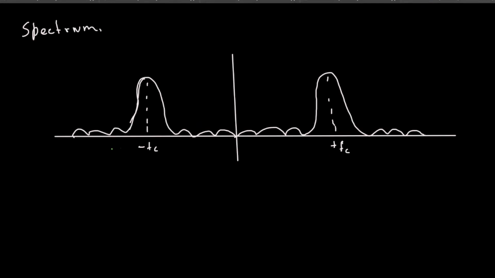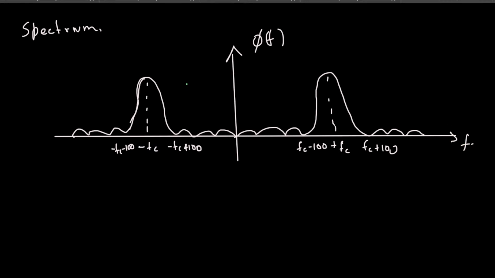So this is going to be minus fc minus 100 and minus fc plus 100 over here, and then here minus fc plus 100, and this one is going to be fc minus 100 and fc plus 100 here. Okay, so that's going to be the width, and this is the spectrum, this one is phi of f, and this one is frequency.